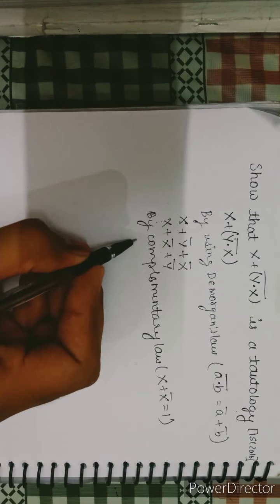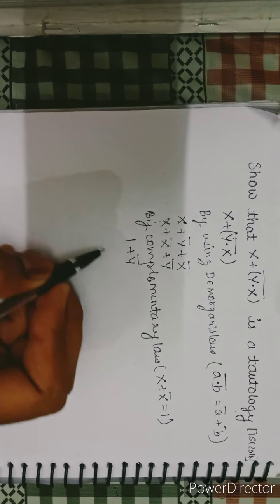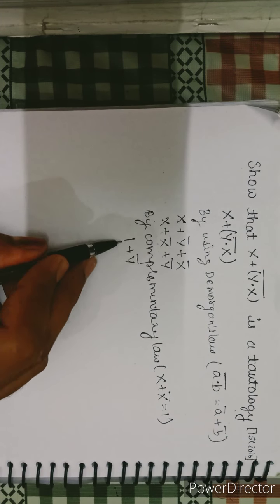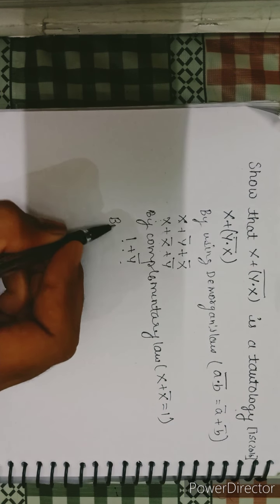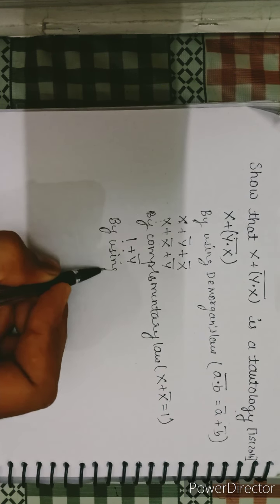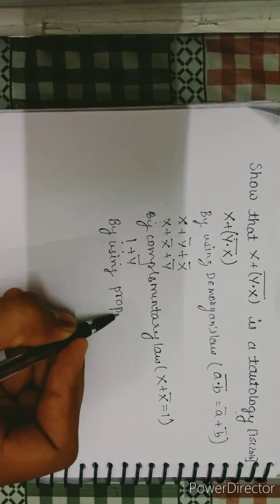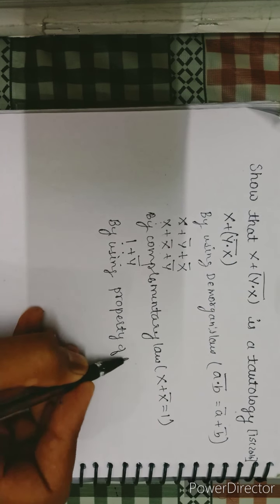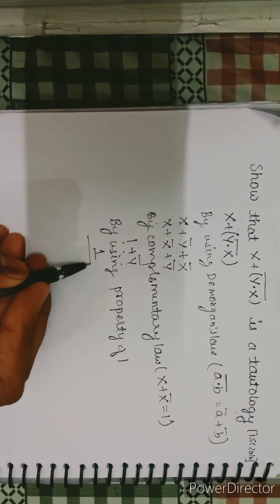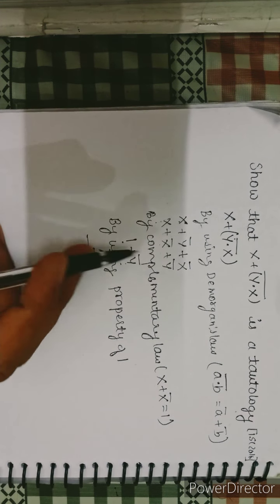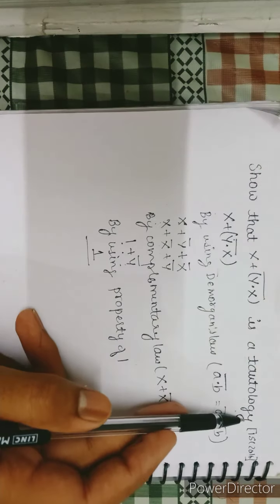So 1 plus Y bar. Now we can say here 1 is being added to a proposition, so by using the property of 1, 1 plus Y bar will become 1. And since the conclusion drawn is 1, this compound proposition is a tautology.